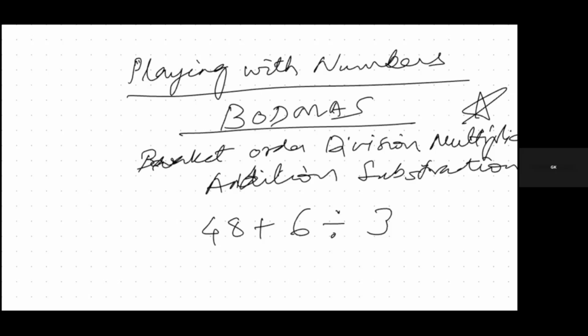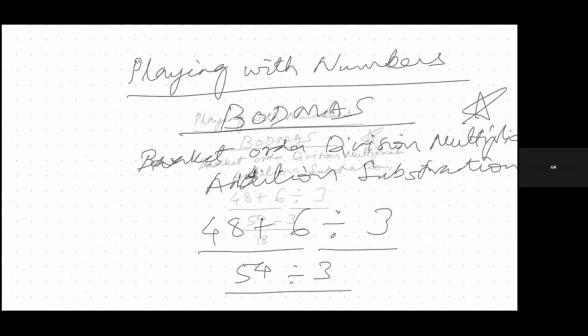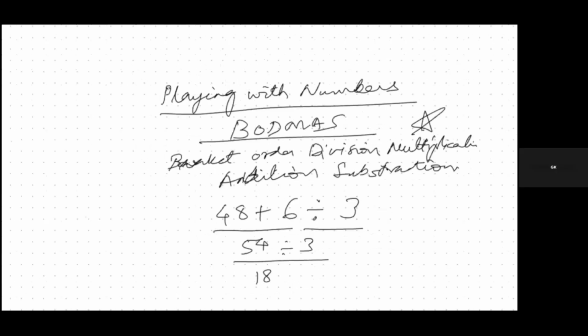Say, for example, we go on first come, first served. So 48 plus 6 takes us to 54, divided by 3, the value comes to 18. First we have added two numbers, then divided by 3.